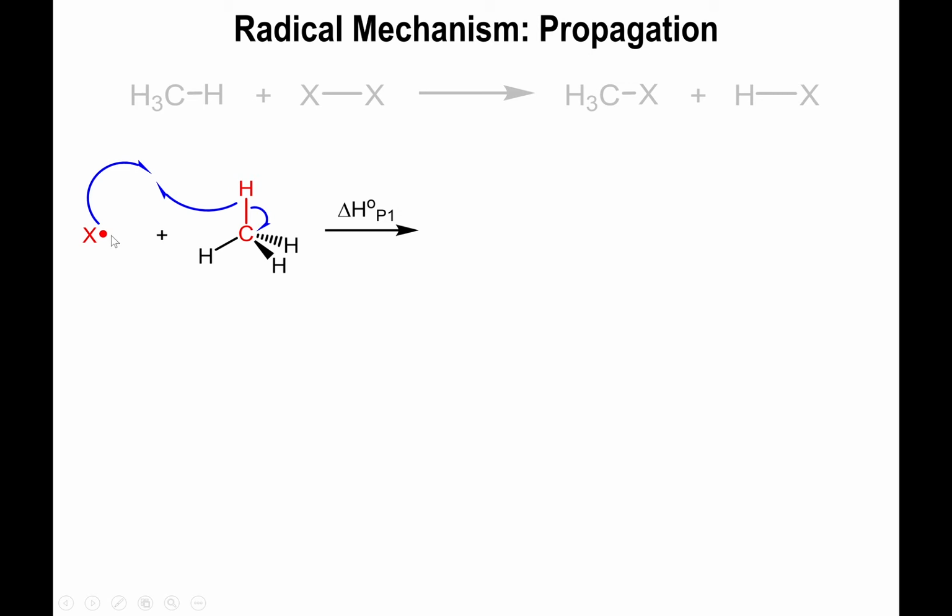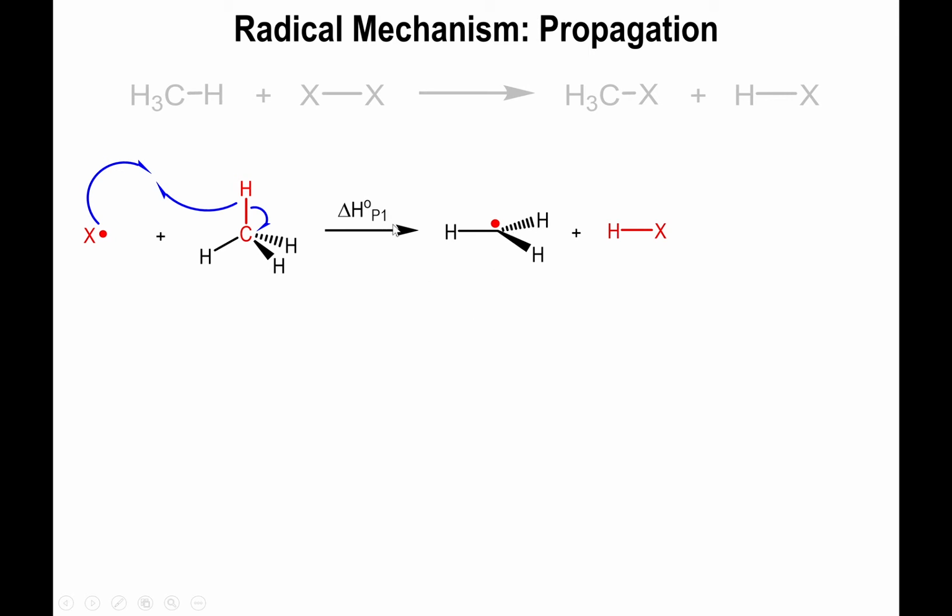To complete that pair, it basically steals an electron from one of the bonds in this molecule. But it doesn't just steal the electron. It steals the electron along with the external atom bound to that molecule. So in the process, you form an HX bond, but you create a new radical, an organic radical, in this case the methyl radical.